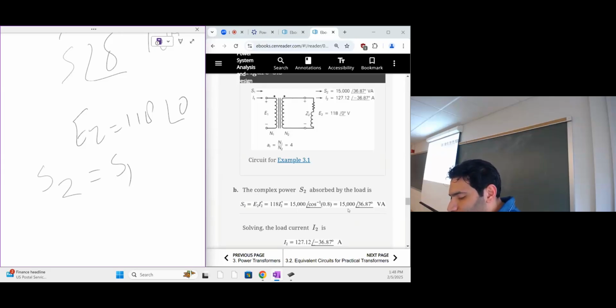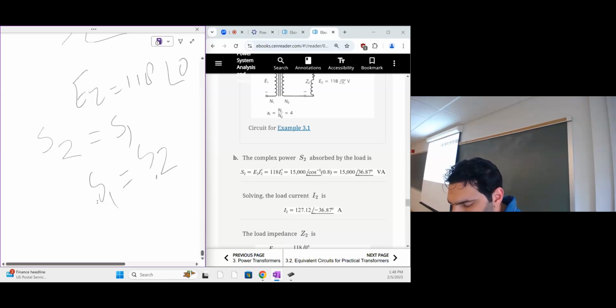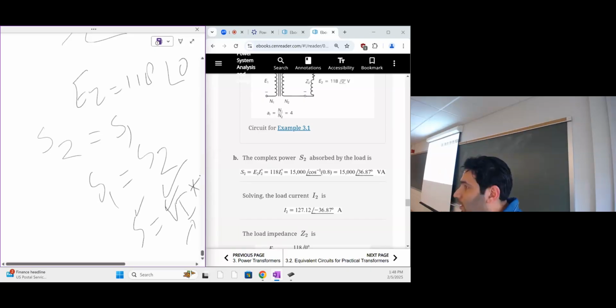So you divide this value by the 118 volts because it's given, the output voltage. So you get I2 star. You invert the angle, so you get I2. And those were given. So you make the calculation by S equal V I star. So you get this I value. Those are given. Okay?